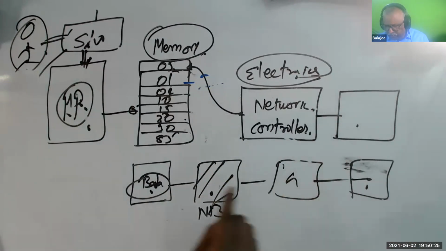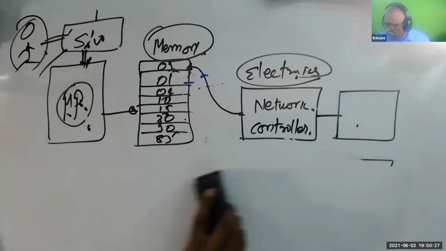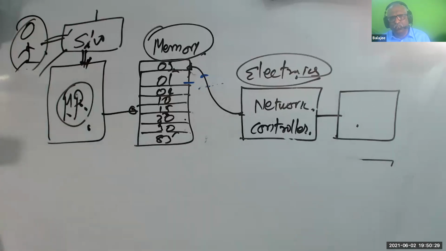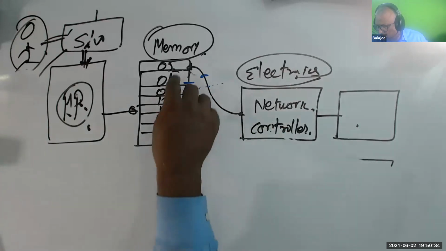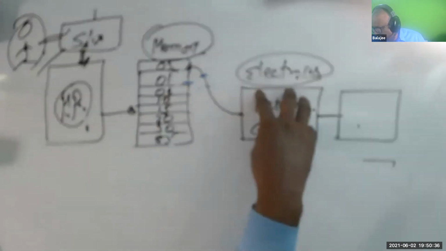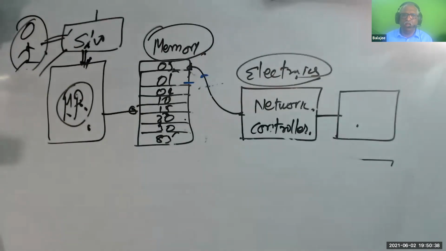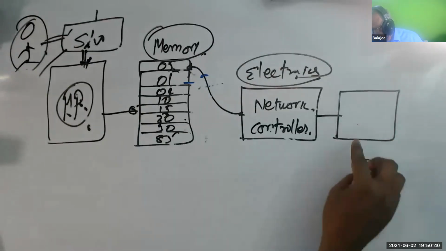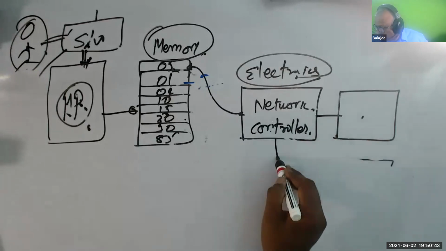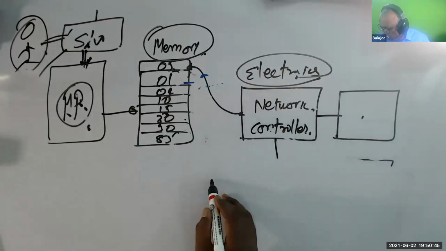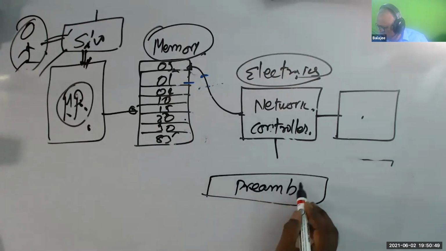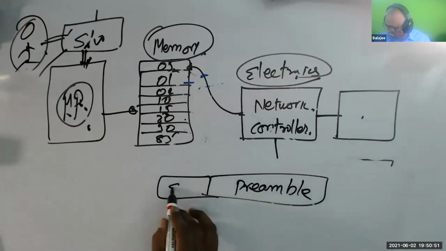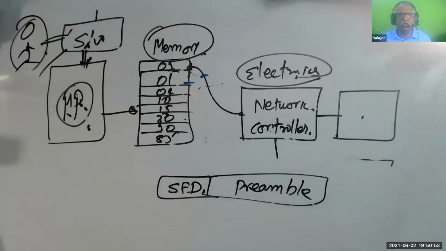What the network controller does is check whether I'm getting the data, and whether the checksum is correct or not. The to address and from address are all added by the network controller. Whereas the network controller does not add your preamble or SFD and synchronize the clock.